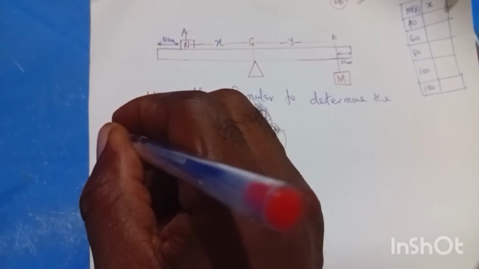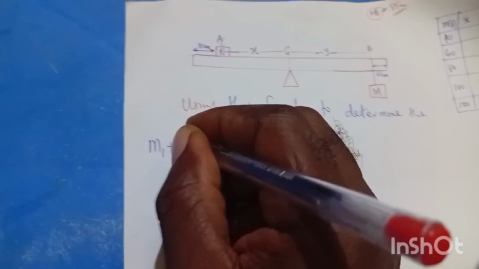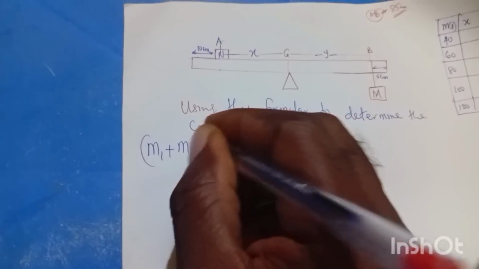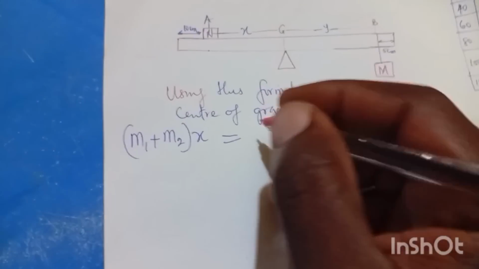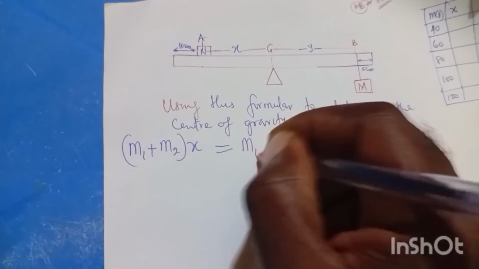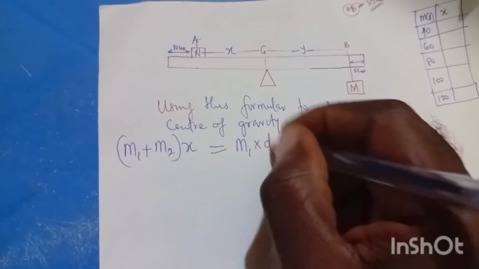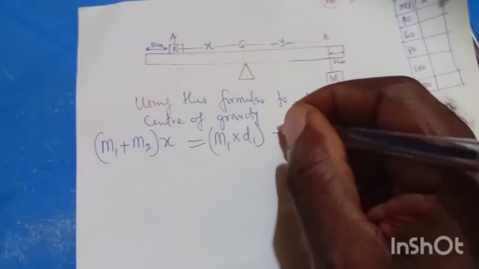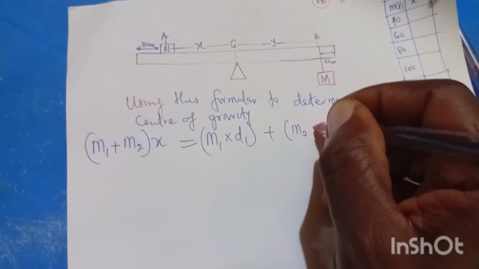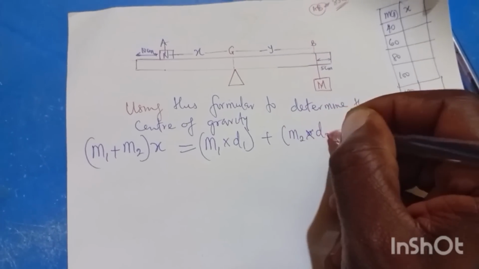I'm coming with a formula. I said (m1 + m2) times x equals m1 d1, that's the moment, m1 d1, are you there with me, plus m2 times d2.